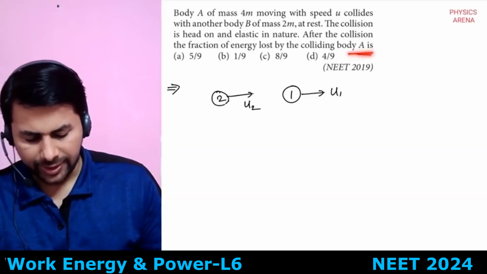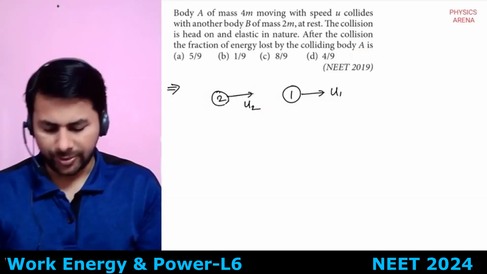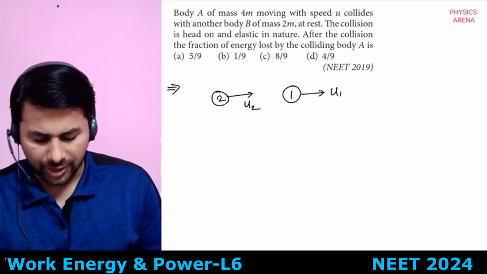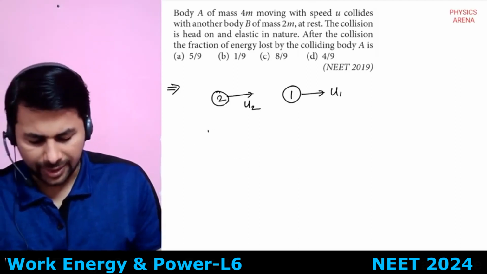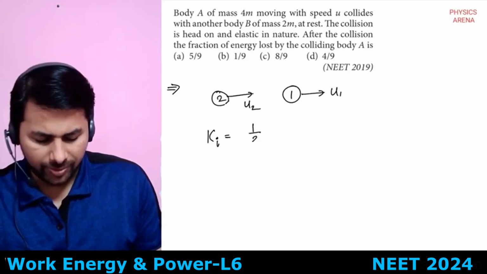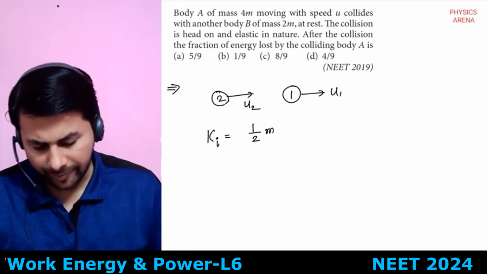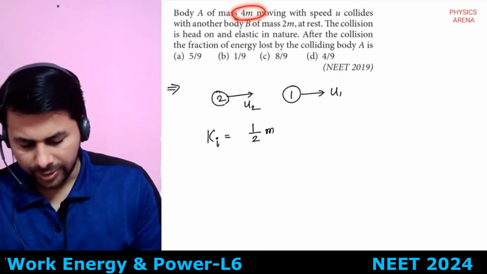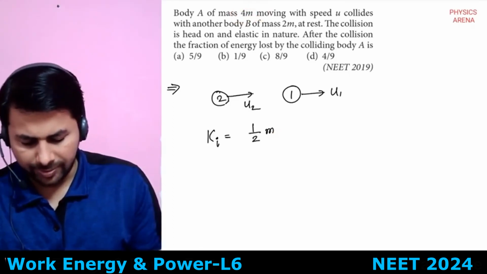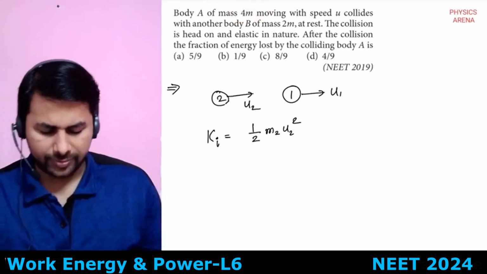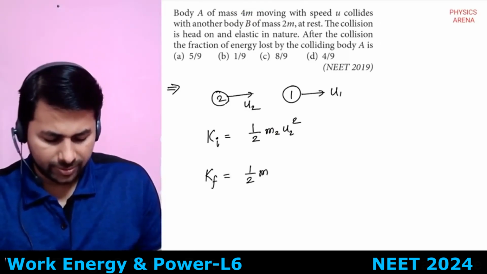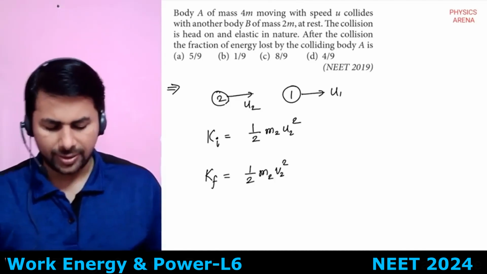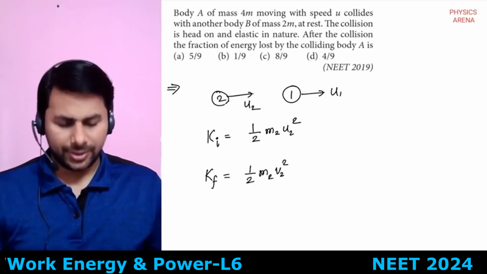The colliding body, which is A, which I am calling the second body, will have some initial kinetic energy, Ki, which will be half of m2 u2 square. What is the mass of that body? 4m. And final kinetic energy will be half of m2 v2 square. What will be energy lost?